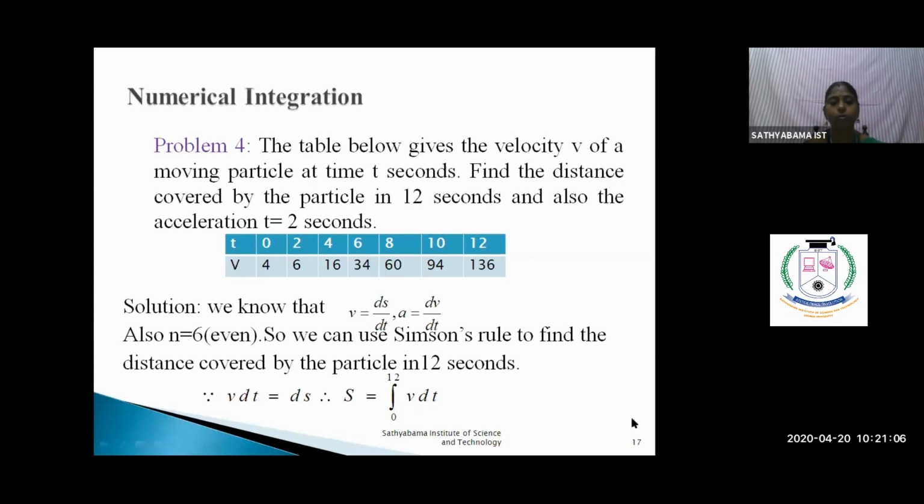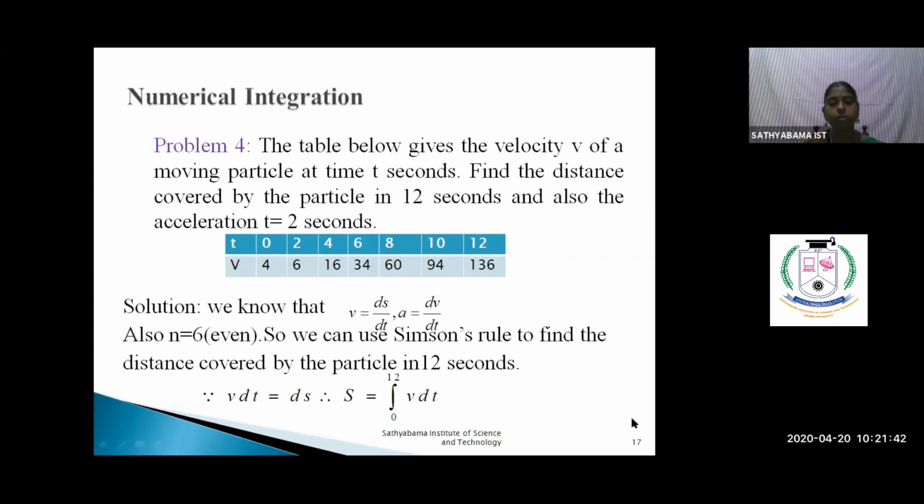So now you know that this is integration. Integration means I can use any formula, but if I want to use any formula, I must see the number of intervals. Velocity is given in the table. Now you see the number of intervals: 4 to 6, interval 1; 6 to 16, interval 2; 16 to 34, interval 3; 34 to 60, interval 4; 60 to 94, interval 5; then 94 to 136, interval 6.